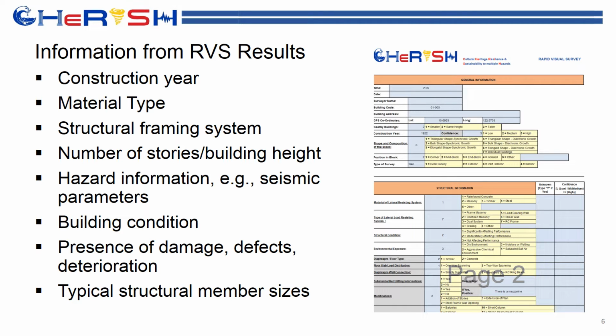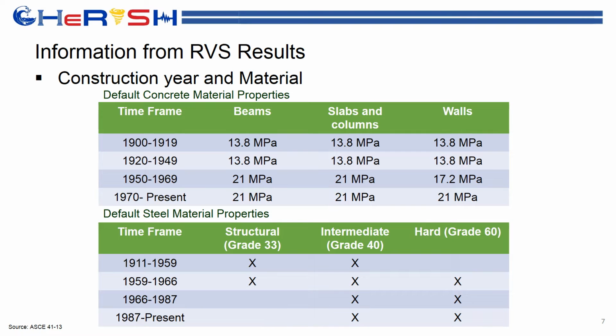Now, the question is, from this data that we have, why is it important for us to determine the construction year? Well, historical information would suggest that the strength of concrete material somehow varies at a certain period of time since it was invented in the United Kingdom.